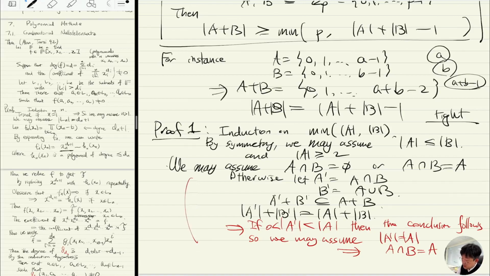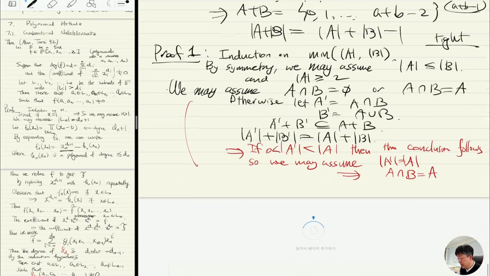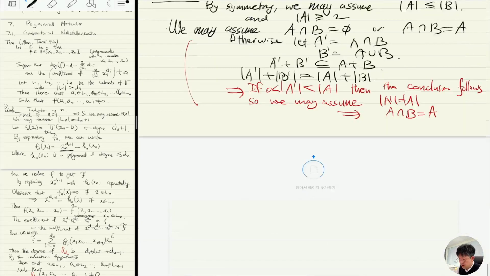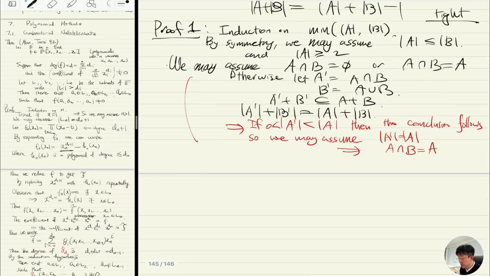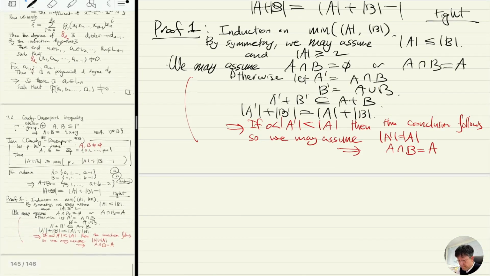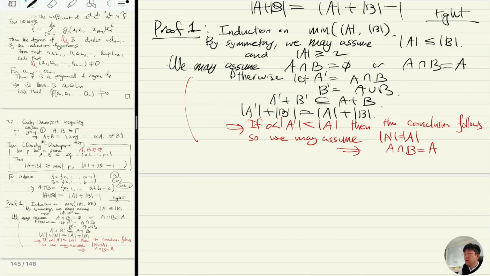All right, so that's why I can always assume that A intersection B is empty, or B contains A. Now, what can you do?